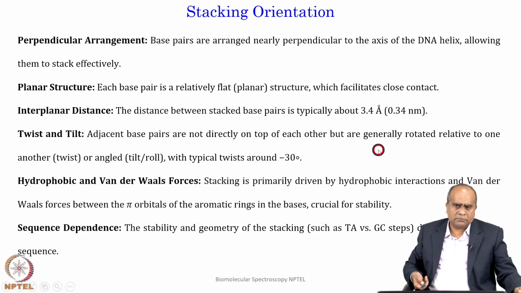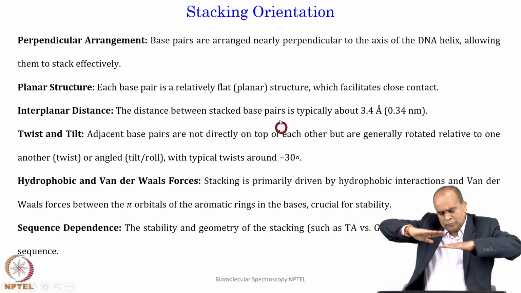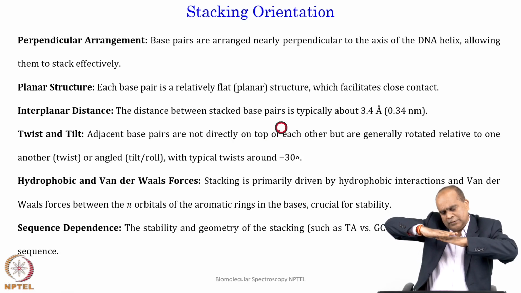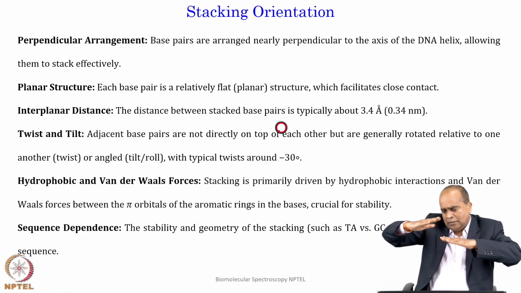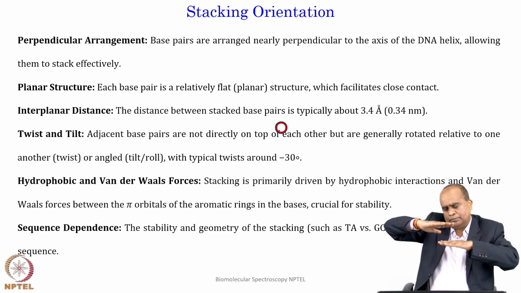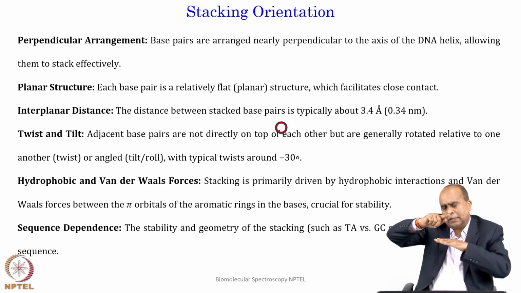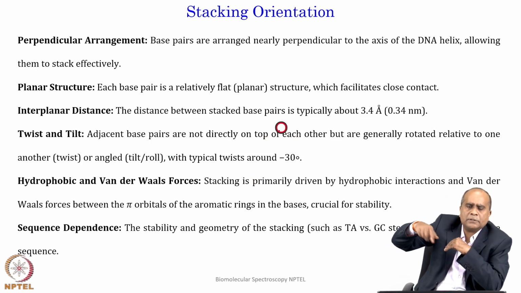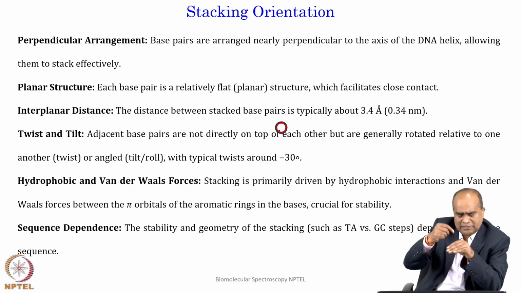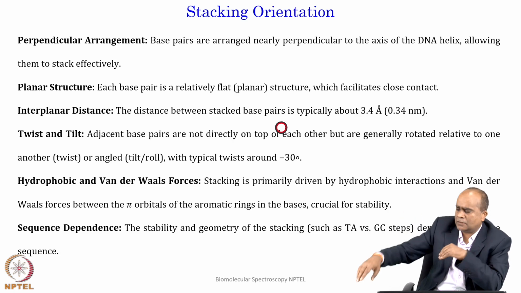is about 3.4 angstrom. For twist and tilt, adjacent bases are not directly on top of each other, as this is not favorable. So, they have to twist or tilt. You know why? Because of the double bonds, some negative charge is inside the ring and some positive charge on the outside.